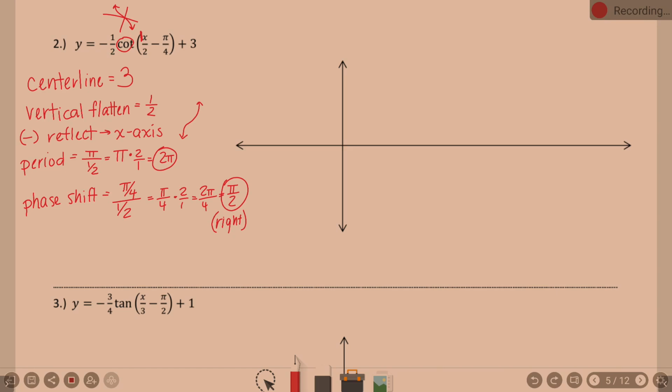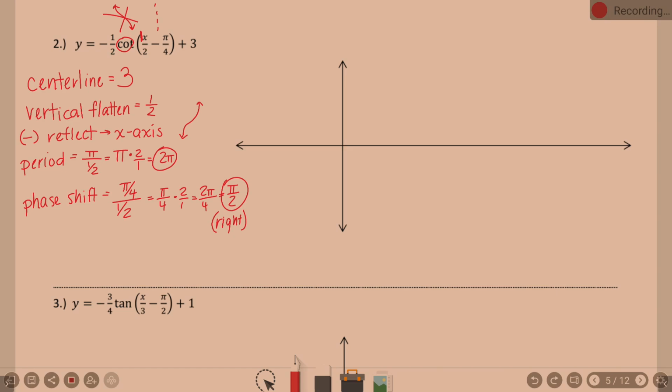Okay, here's the deal. It's going to look like a tangent curve, but what are we still officially graphing? Cotangent. So when we come to what do we start with? Do we start with a point or an asymptote? The cotangent rule says we'll start with an asymptote. Does that make sense? Okay, so it's still a cotangent graph. It's just going to physically look like tangent.